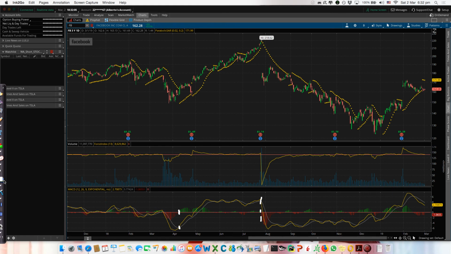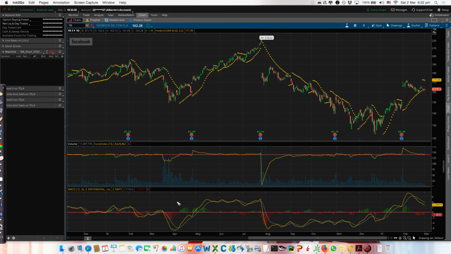So one way to use the MACD is this. Whenever you see the histogram green, or basically the yellow line above the gray, and again these line colors can be different depending on your setting, then this is a bullish indication. And when the histogram is red, or is equivalent to the yellow line below the gray line, then it is a bearish indication.